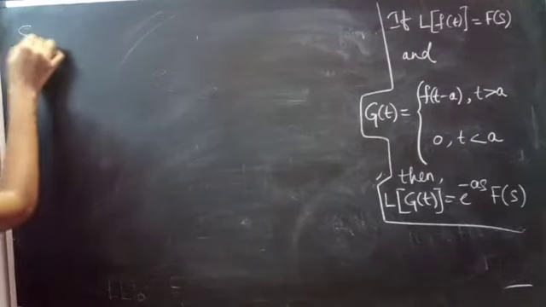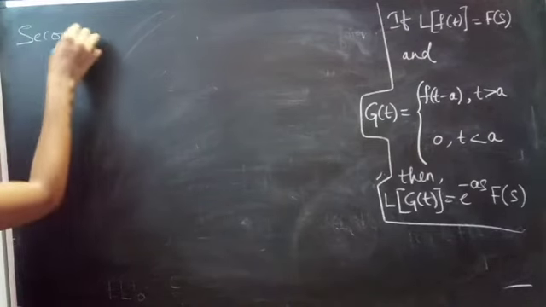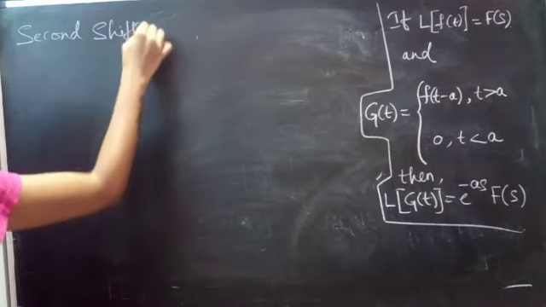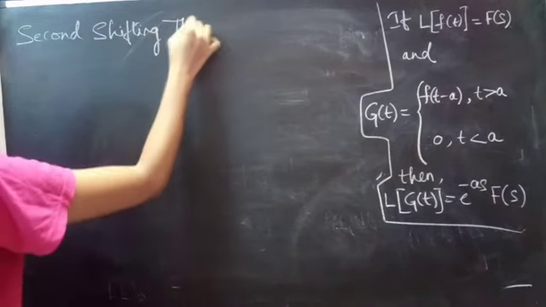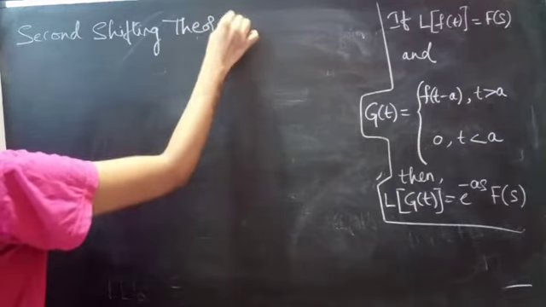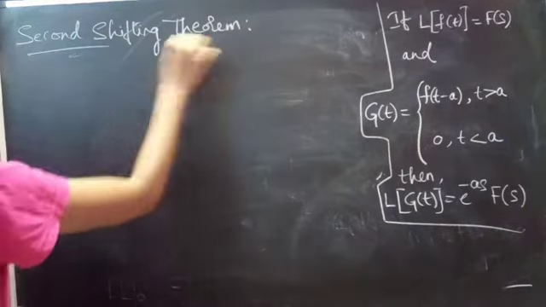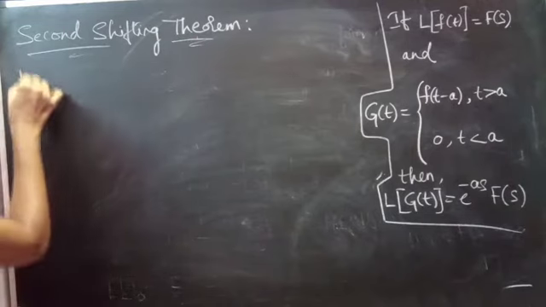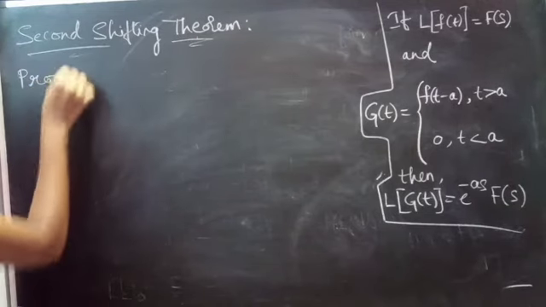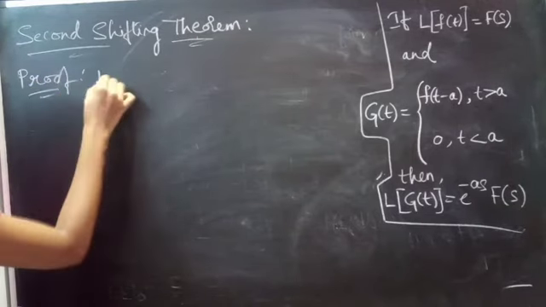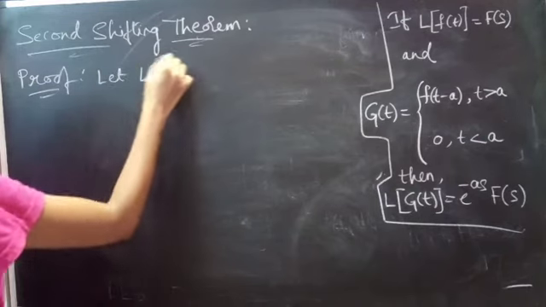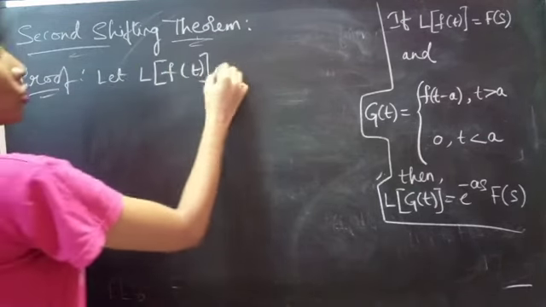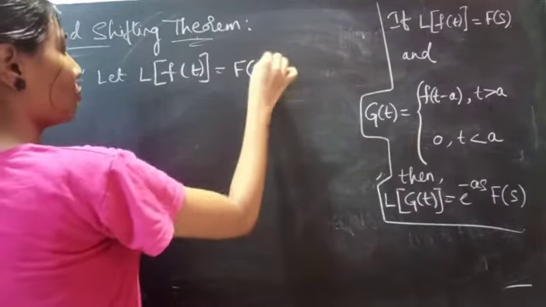Second shifting theorem. So here is the given statement. Proof. Let L of f of t equal capital F of s.